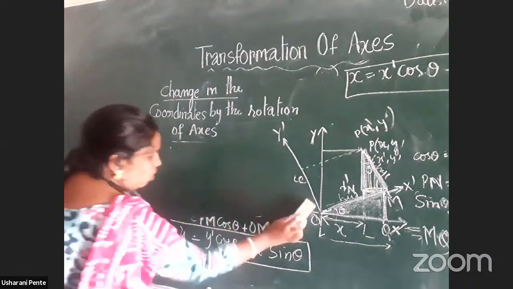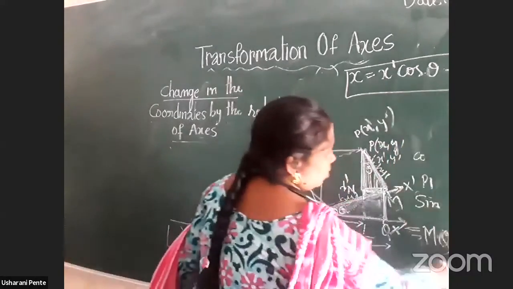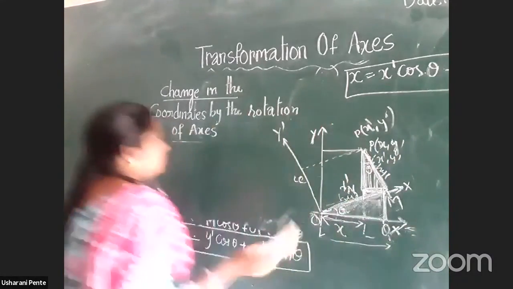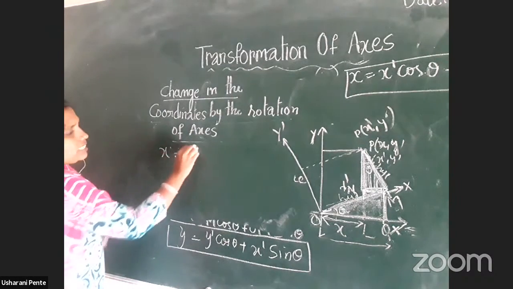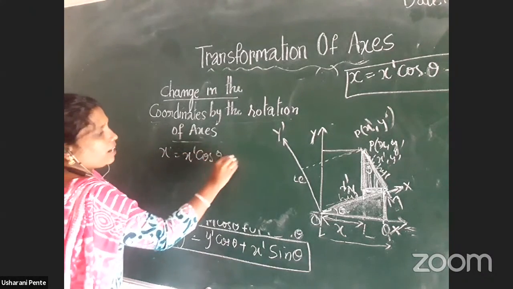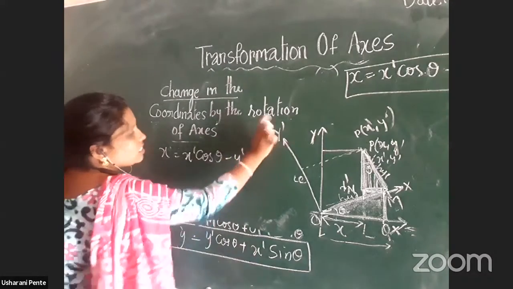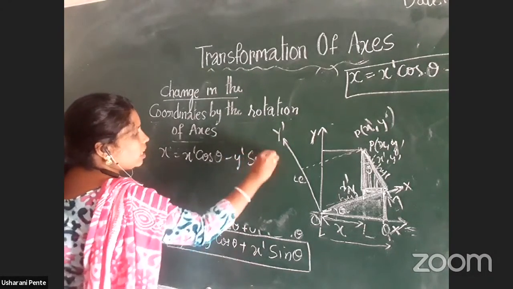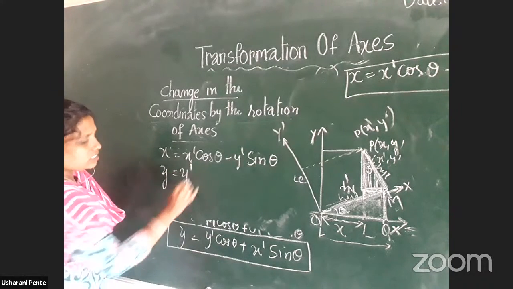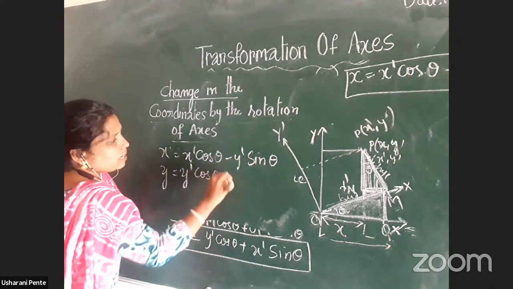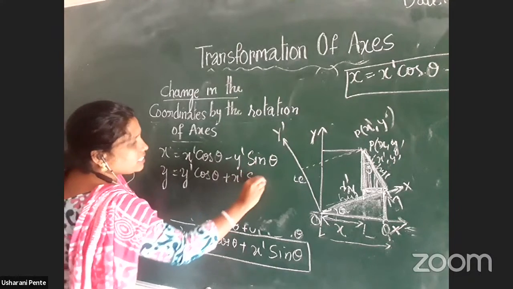So these are the coordinates we'll get. That is, x is equal to x dash cos theta minus y dash sin theta, and y is equal to y dash cos theta plus x dash sin theta.